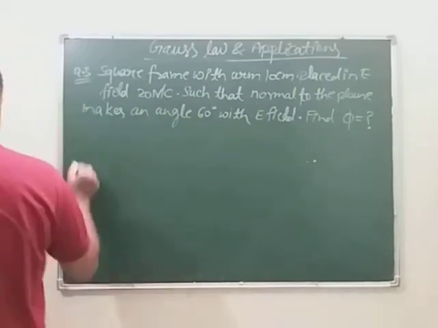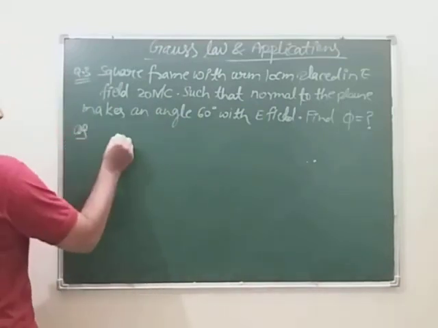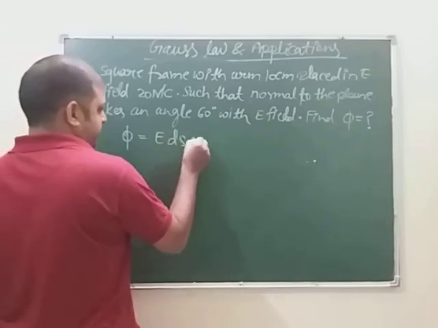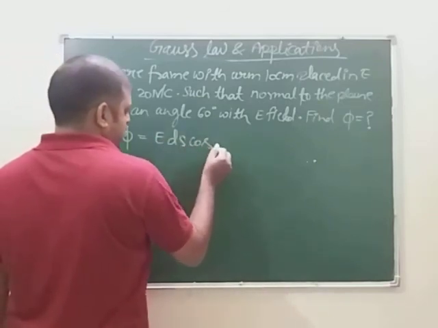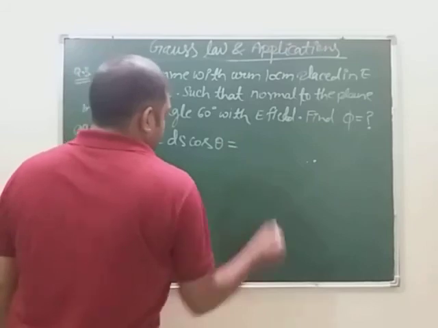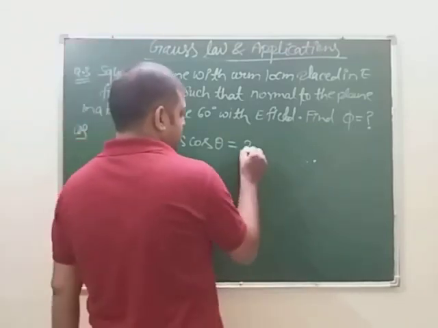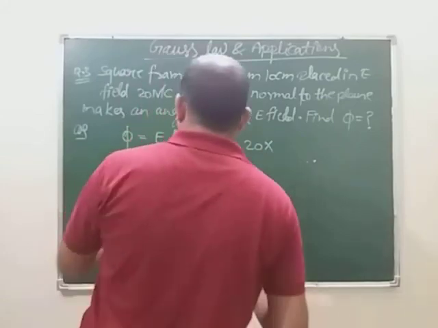So the formula is phi equals E A cos theta. Put the values: E is 20 Newton per Coulomb, into area.